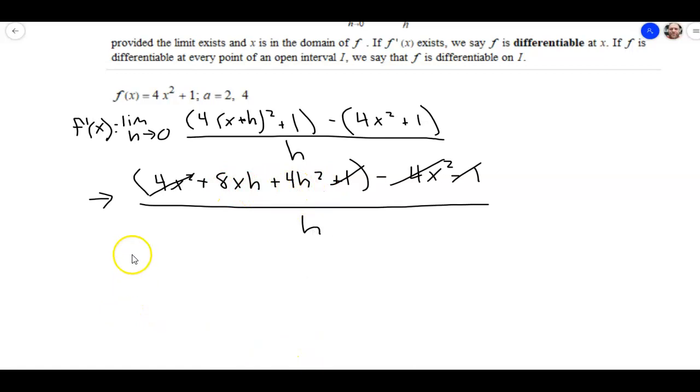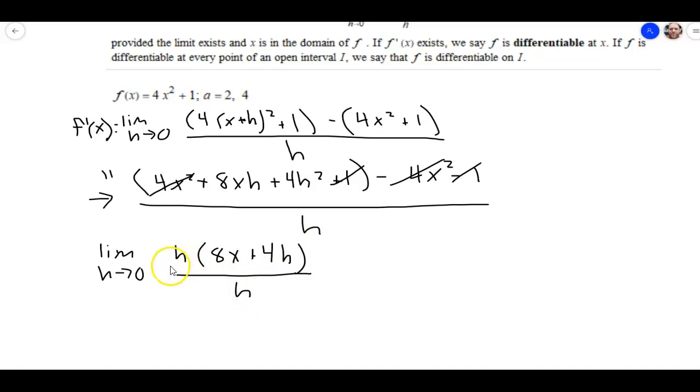So on my next one, and remember this limit stays the same, so we still have the limit as h approaches 0. I'm going to have the limit again as h approaches 0, and on the top I'm going to factor out an h, so that leaves me 8x plus 4h, and then on the bottom I have an h, and looky, my h's cancel out.